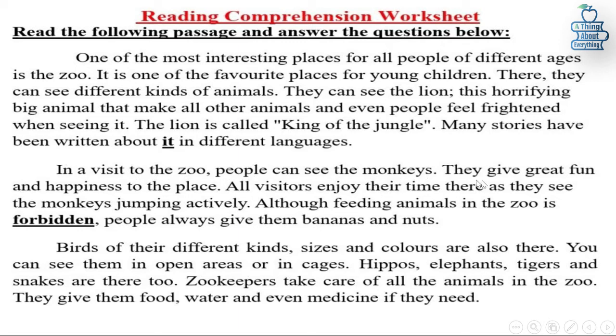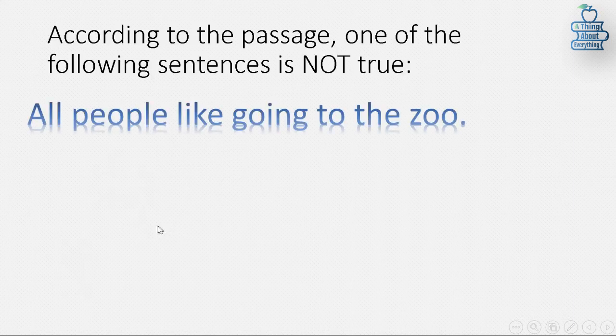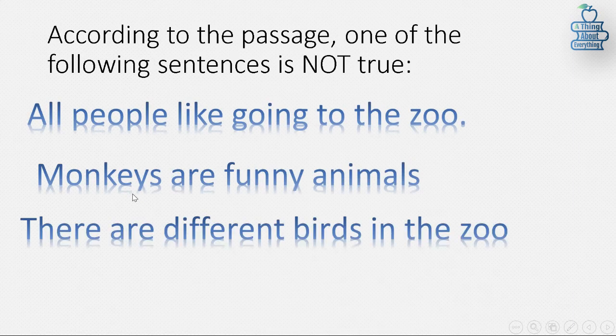You can see the monkey. You have great fun. So they are funny. You get the idea? Birds, different kinds. So we get 3 ideas. So let's go on and see.